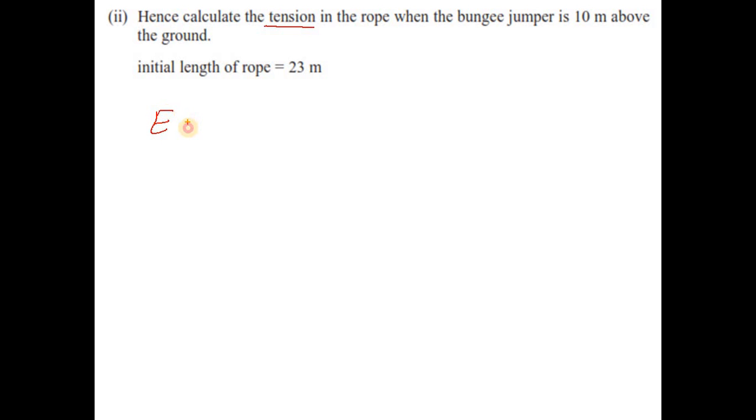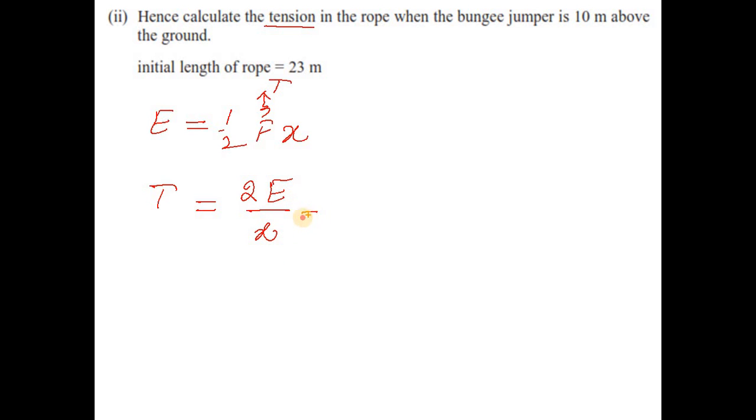So E is equal to half of Fx, and this F is in fact the force, or the tension in the string that causes the extension. You can rearrange for the tension, replacing F with T. So T is equal to 2E over x.